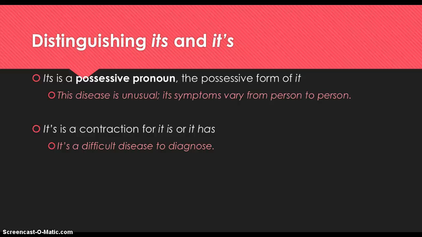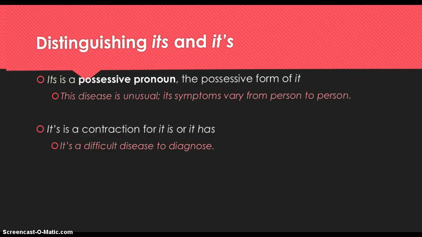Now, it's with an apostrophe is a contraction for it is or it has. So if that's what you mean, then the apostrophe is necessary. Look at the example. It's a difficult disease to diagnose. It's with an apostrophe in this case means it is. That's why we need the apostrophe to indicate there are letters missing.